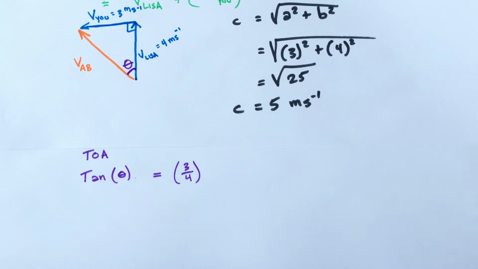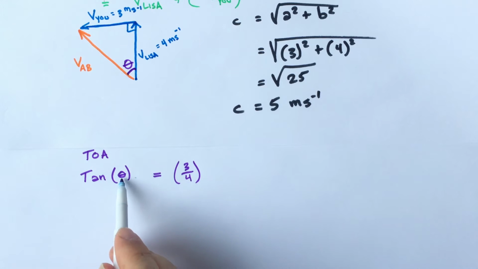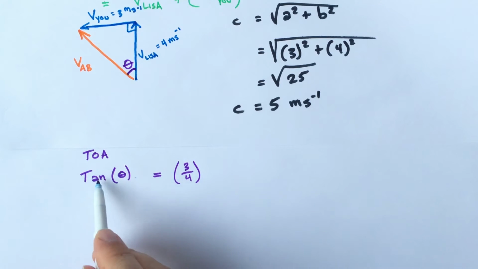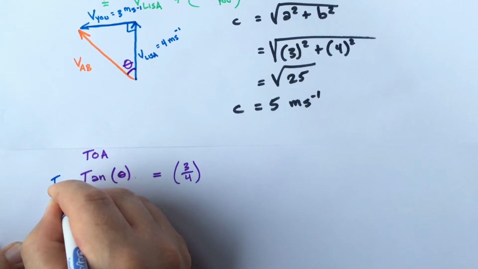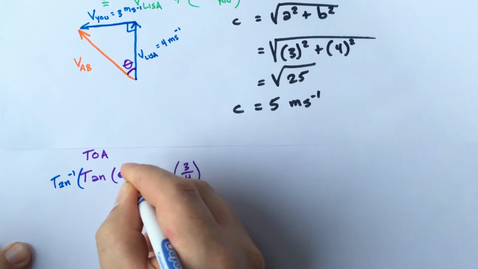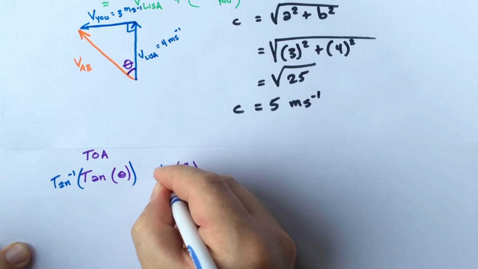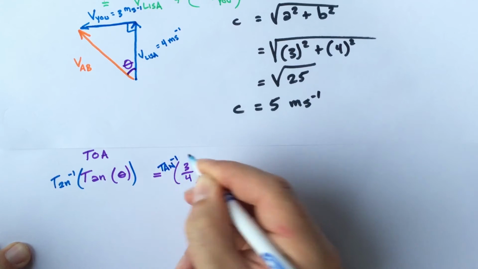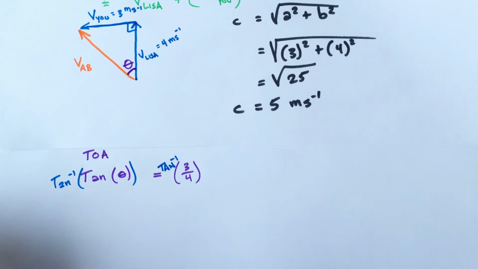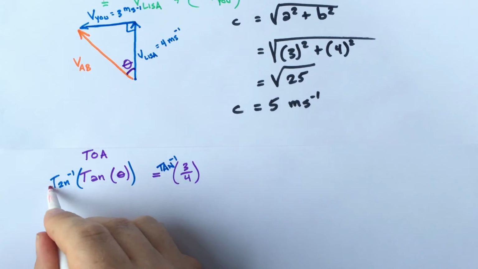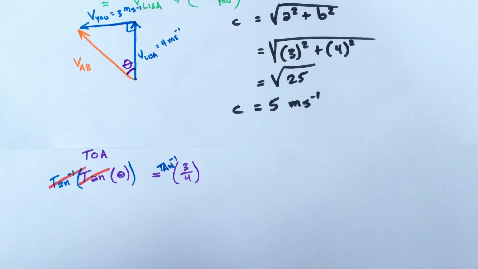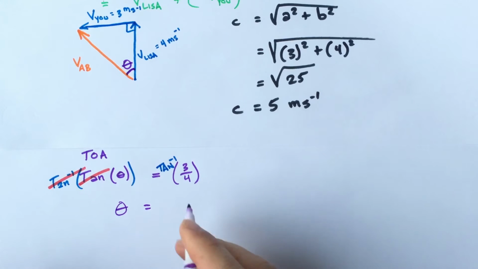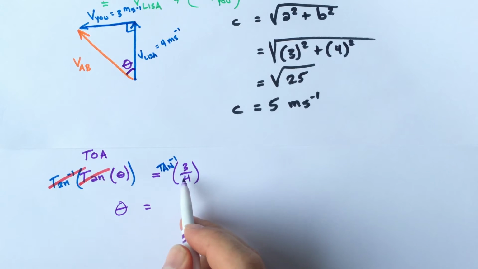And in order to solve this, we have to get theta by itself. We want to do the opposite of whatever tangent is, and that happens to be tangent to the negative 1 power of this side, and we're going to do the same thing over here, tangent to the negative 1 power of this side. Here we have tangent to the negative 1, inverse tangent and tangent cancel out. We're left with theta is equal to the inverse tangent of 3 over 4.